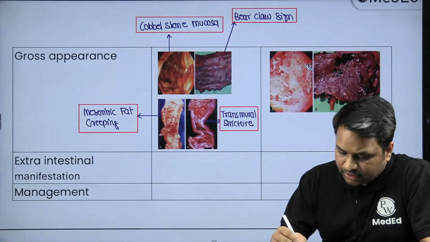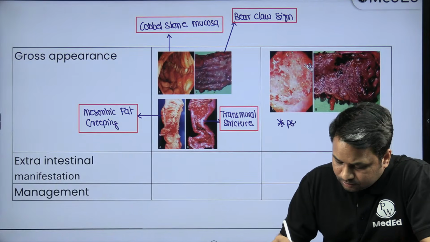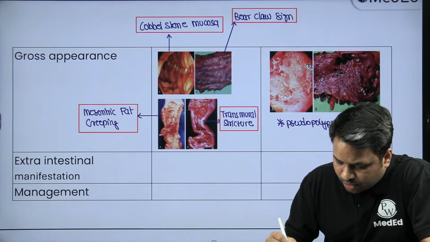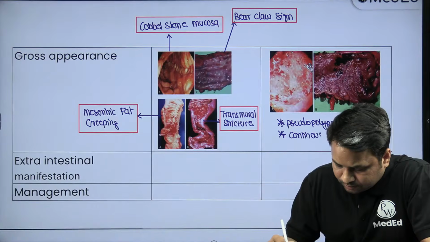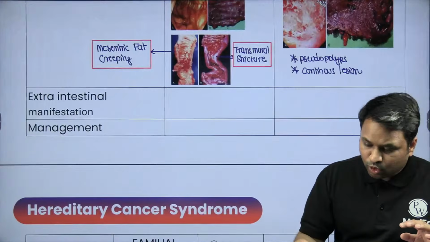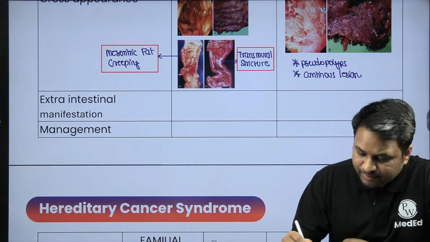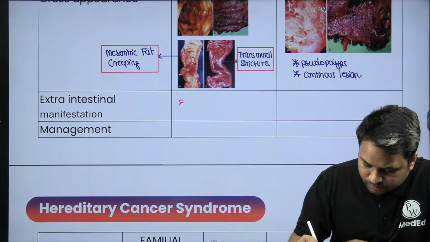Ulcerative colitis, on the other hand, has pseudopolyps and continuous lesions. Now, in Crohn's disease, what extra GI manifestation do you have to remember? For Crohn's, remember the erythema nodosum.